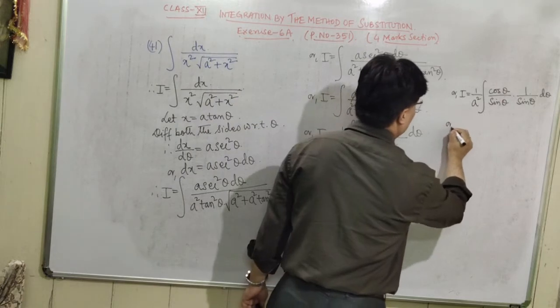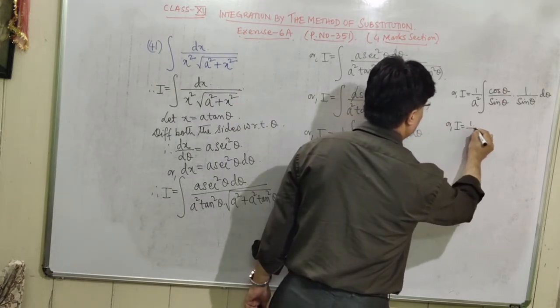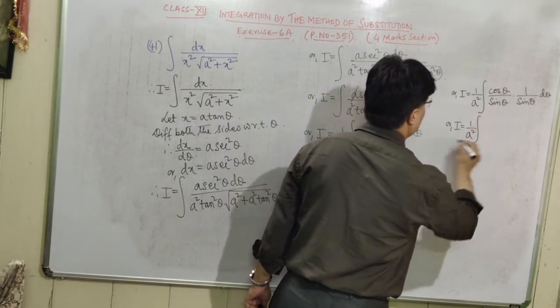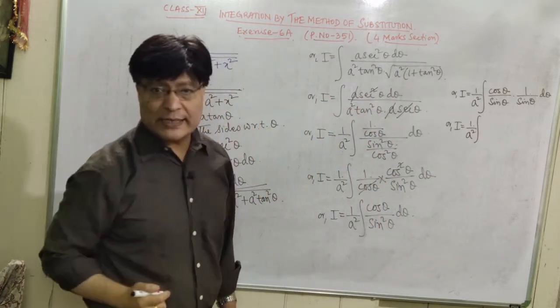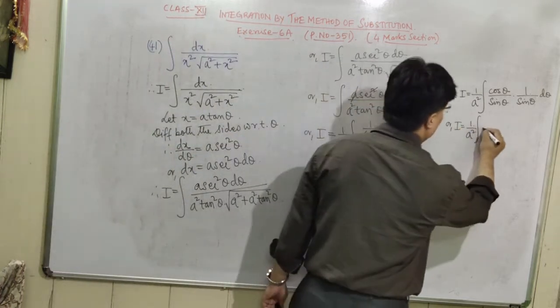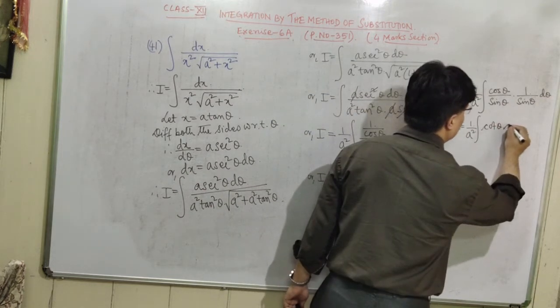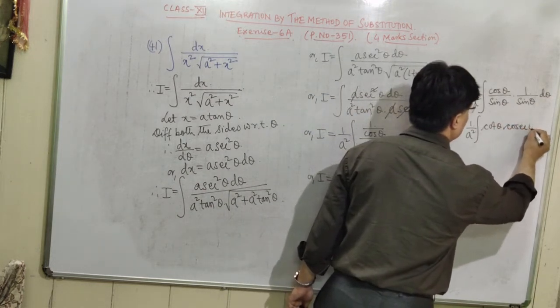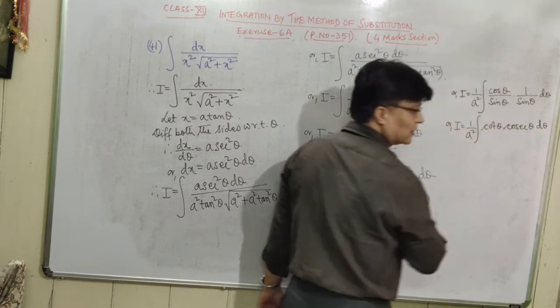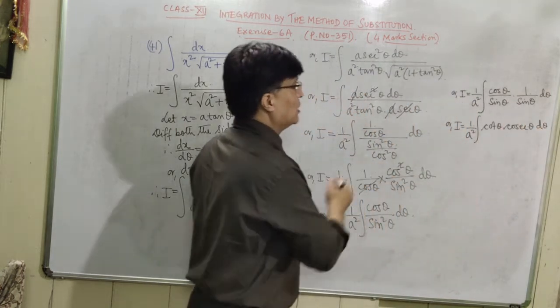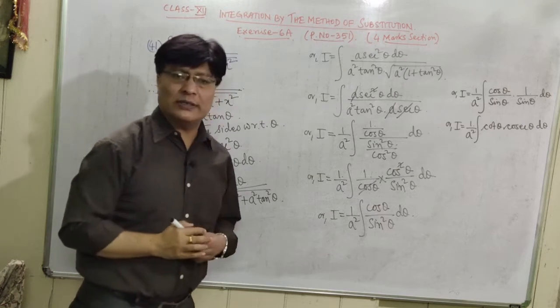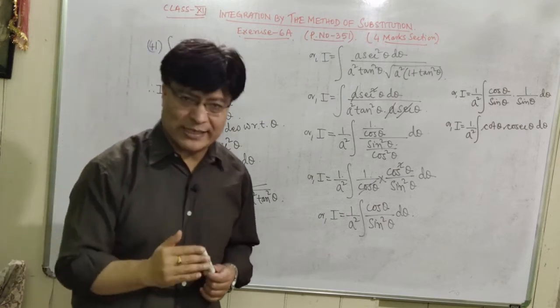I is equal to 1 by a square integration of, what is cos theta by sin theta? Cos by sin is, you know, cot theta. And what is 1 by sin theta? It is cosec theta. Then you can write d theta. Okay, so now you should know the integration of cot theta cosec theta.